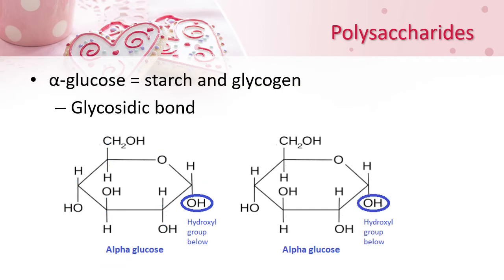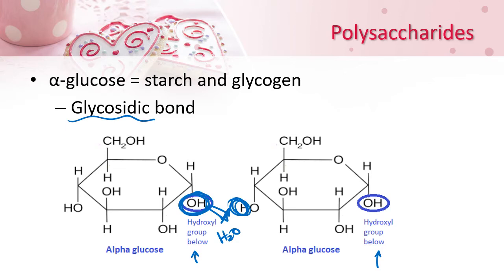Alpha glucose will bind together to form what we call glycosidic bonds. Anytime we put monomers of carbohydrates together, we form glycosidic bonds. What's going to happen is, with our 2 alpha glucose molecules, we're going to take this and this and they're going to come together in that condensation reaction to make water. So the OH of one and the H of the other.